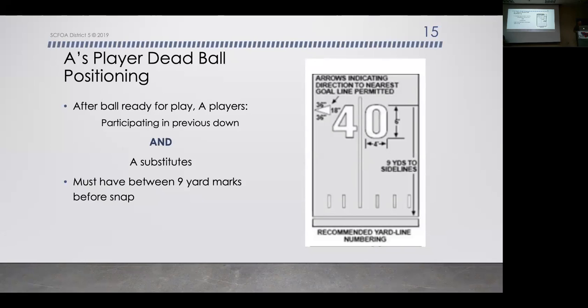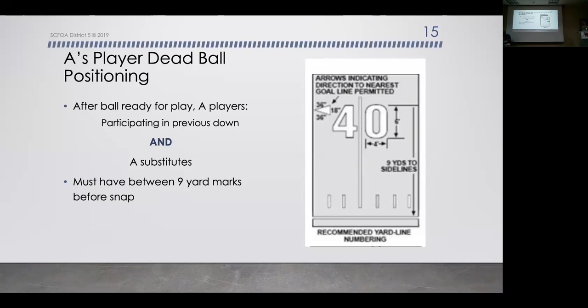That 9-yard mark is the top of the numbers from the sideline right here. They have to be inside of this after the ball is ready for play and before the ball is snapped.